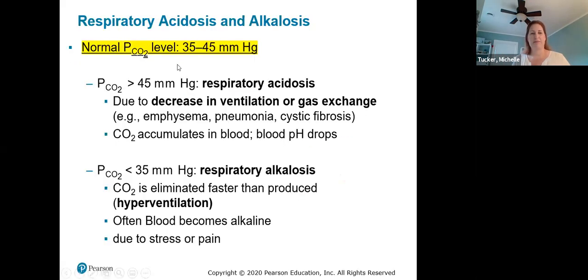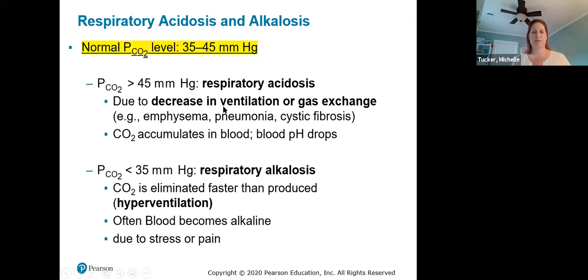Okay. So as mentioned, you need to look first at pH. If pH is less than 7.35, it's acidosis. And if PCO2 is greater than 45 millimeters of mercury, then the cause for acidosis is failure of the respiratory system to maintain acid-base balance.